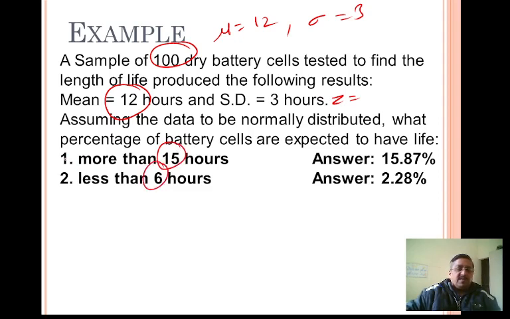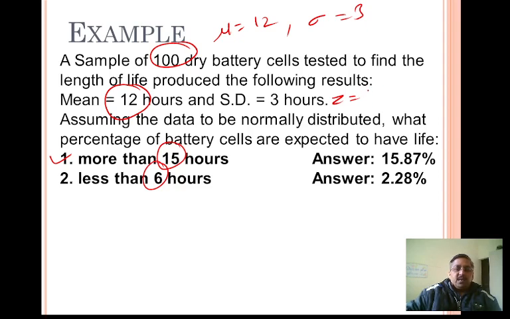So here you can see that for the first question we are interested in the probabilities that the batteries could run more than 15 hours and that the batteries could run less than 6 hours. Answers are also displayed here, but let me show you how to solve it.